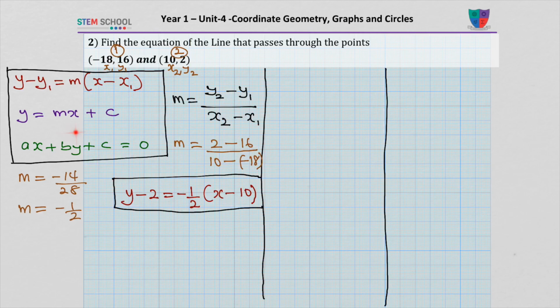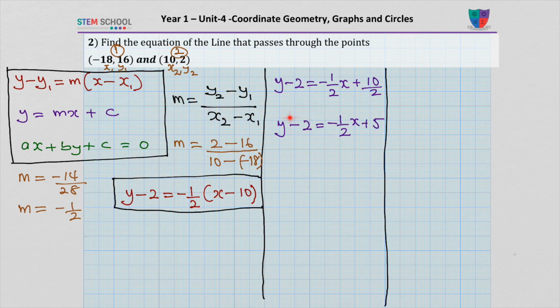Now to move on to the second form, which is y equals mx plus c. So I need to expand this and rearrange the equation to make y the subject. What I've done here is multiply minus a half by x to get minus a half x. Now I've multiplied minus a half times minus 10, and I get plus 10 over 2. So I get y minus 2 equals minus a half x plus 5.